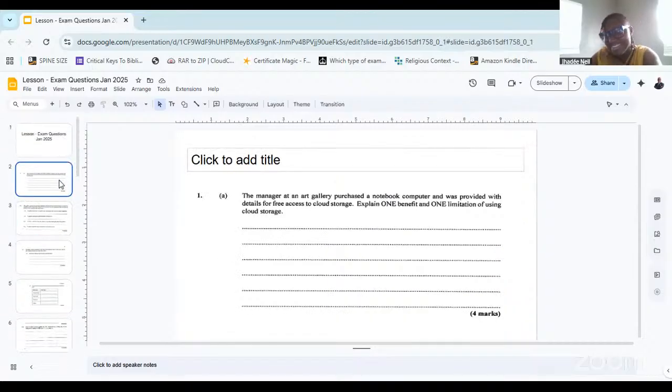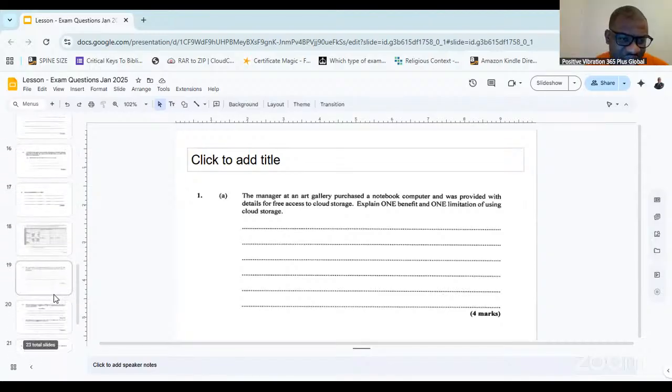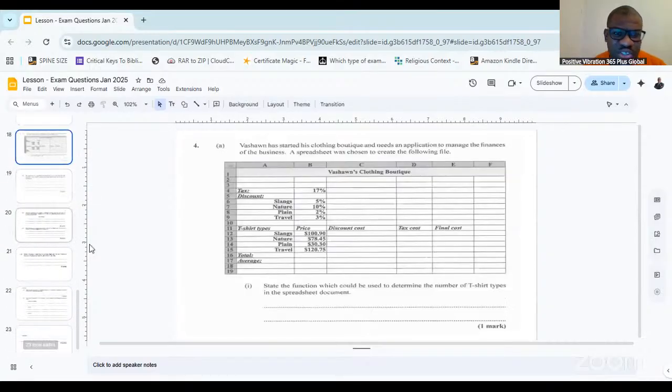Please. Probably should. All right, let's do some Excel quick questions and then we call it a day. So this is their question. They said, Vashan has started his clothing boutique and needs an application to manage the finances of the business. A spreadsheet has been chosen to create the following file.